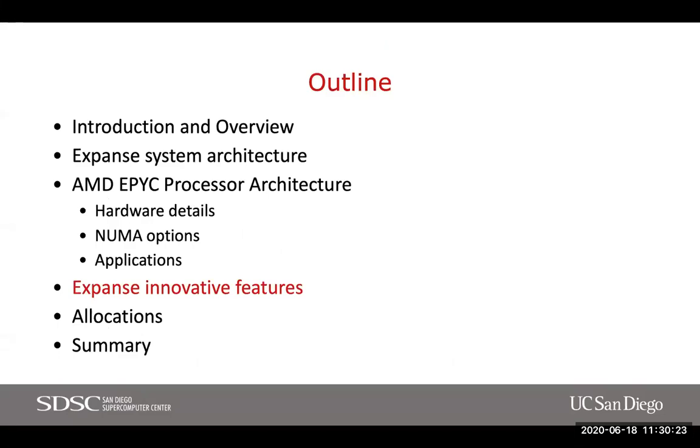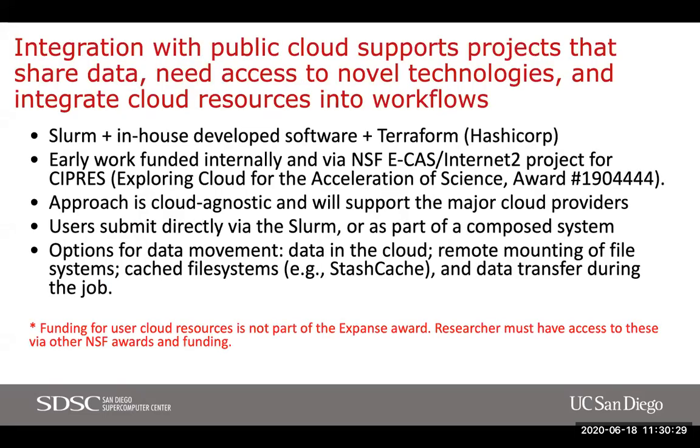Next, I want to go into some of the Expanse innovative features. We've done some of this work on Comet and on other machines at SDSC. One of the things we're going to feature is integration with public cloud. I should stress that this is for people who already have access to the cloud via other mechanisms. We are not providing cloud resources.